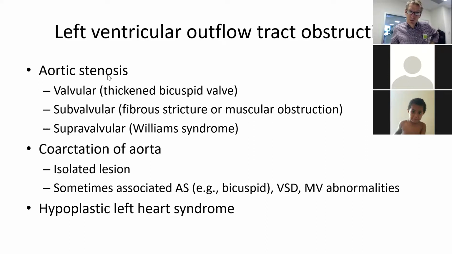Most of the aortic stenosis that you see is congenital. Sometimes children with rheumatic heart disease also can have some aortic stenosis, but usually they have aortic regurgitation instead.